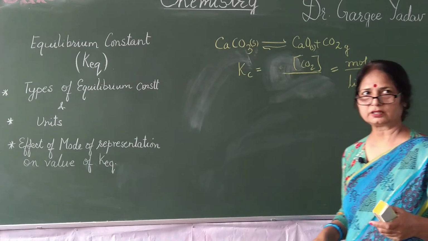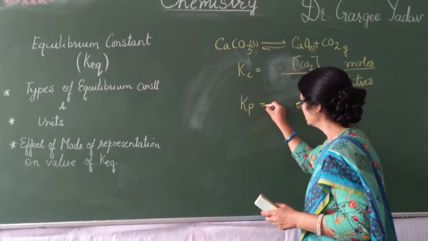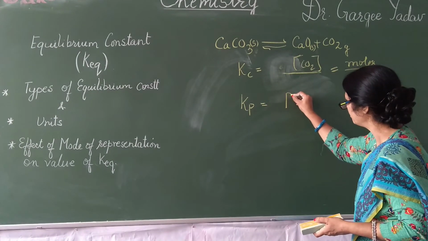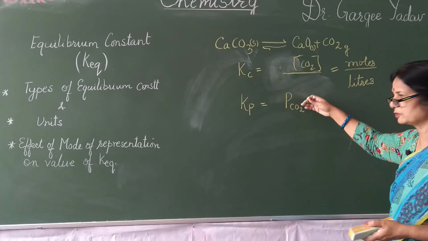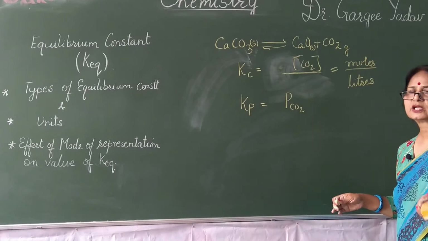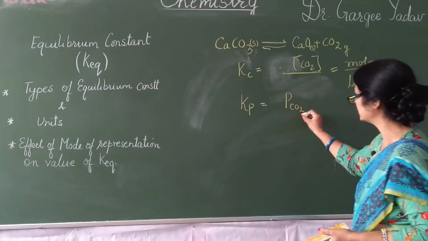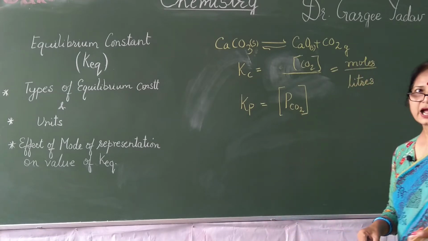Now let's take Kp into consideration. Kp is for the partial pressure. We write the partial pressure in this form, P CO2. Again we will consider the partial pressure of CO2 only, because solids don't exert partial pressure, only the gases do.